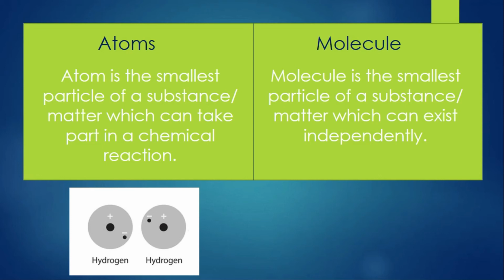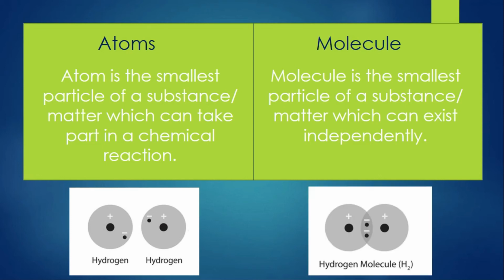And then a molecule is the smallest particle of a substance that can exist independently. So in the case of the hydrogen molecule, after attaining this stable molecular state, both these atoms do not need to react with any other atoms anymore, as they are already stable, and so they can exist independently without needing to depend on any further reaction. And this is why the statement goes, molecules can exist independently.